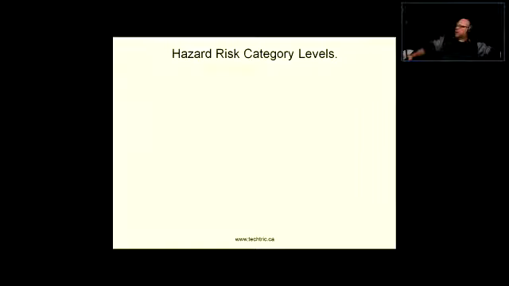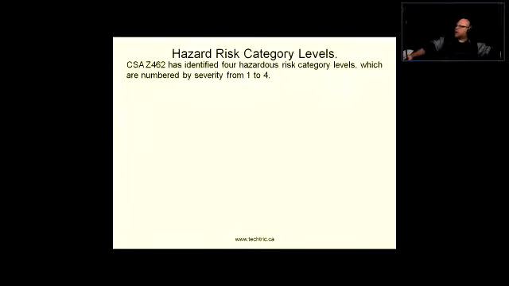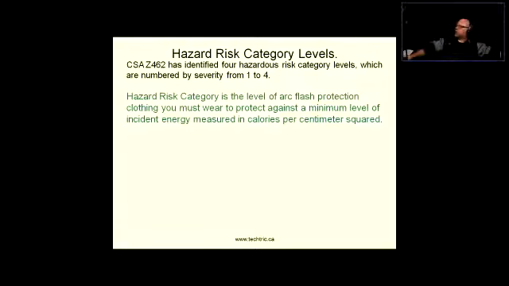Hazard risk category levels. CSA Z462 has identified 4 hazard risk category levels, numbered by severity from 1 to 4, right? Let's look at some of that here. Remember when we were talking about hazards and risk?